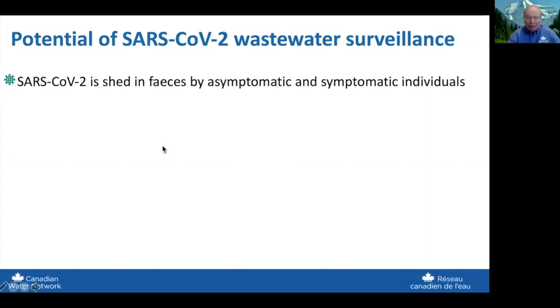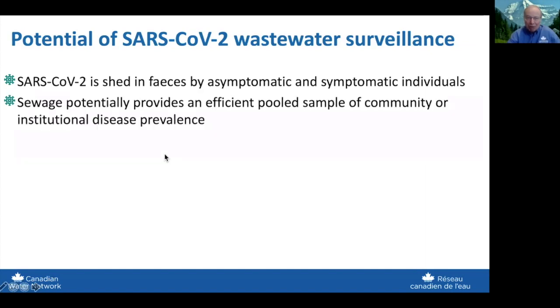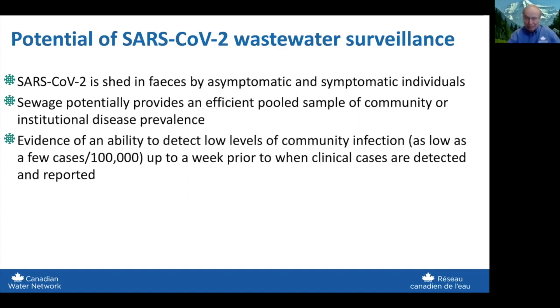So this opens the possibility of early warning. Sewage provides a potentially efficient pooled sample of a community or an institution that provides that sewage. So rather than having only individual clinical samples, there's the opportunity for a larger sample body.